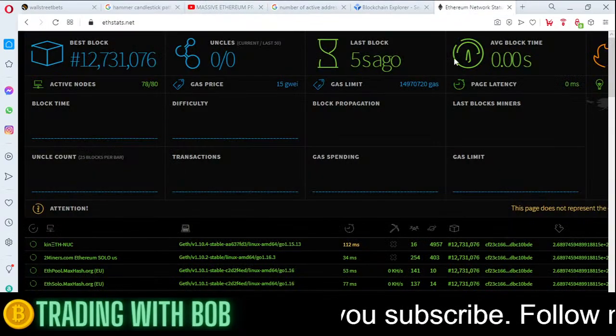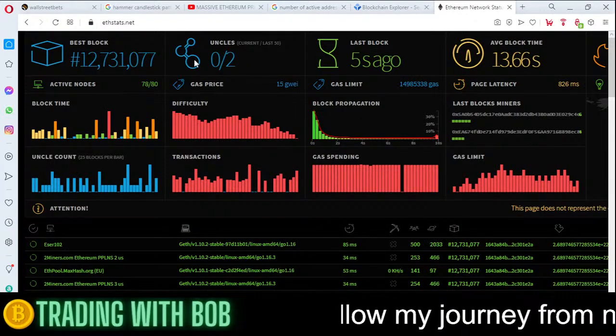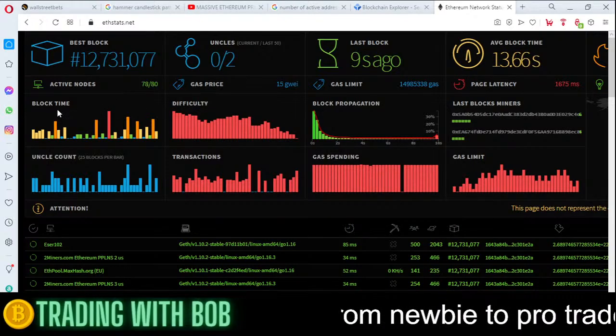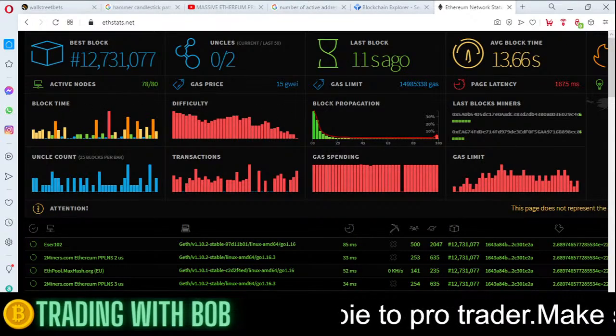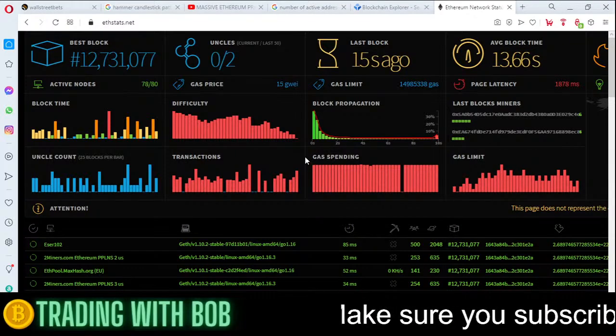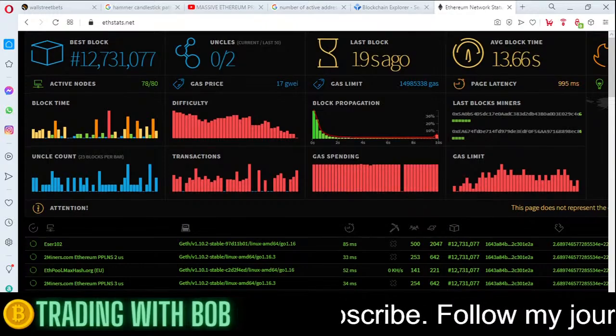Okay, let's see. So these are the statistics. I can't even see this. Block time, difficulty, block progression, code, transaction, gas speed. That's what I hate about Ethereum. Gas. I hate the gas.